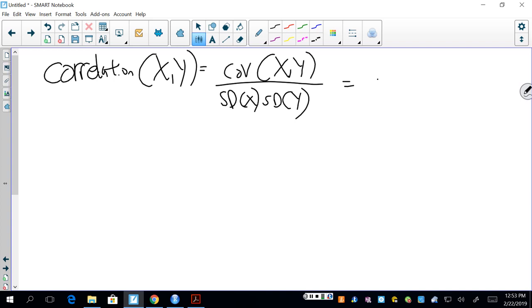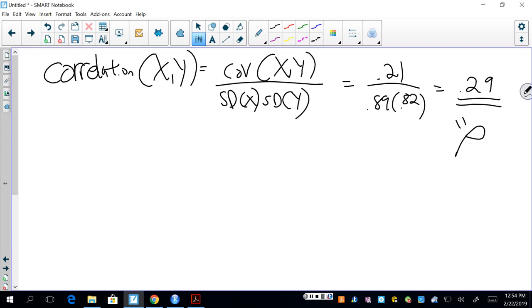So for this example, it was 0.21, and then the two standard deviations were about 0.89 and 0.82 approximately, and it came out to be about 0.9. Sometimes that's given the Greek letter rho. The sample correlation statistic that we'll look at is sometimes called R. The comparison in Greek letters is rho.